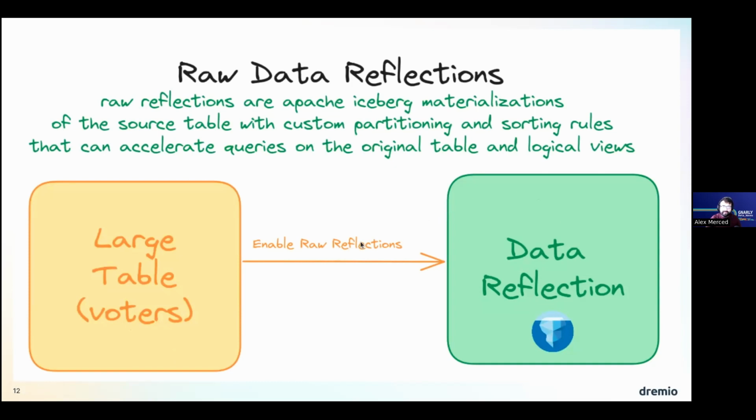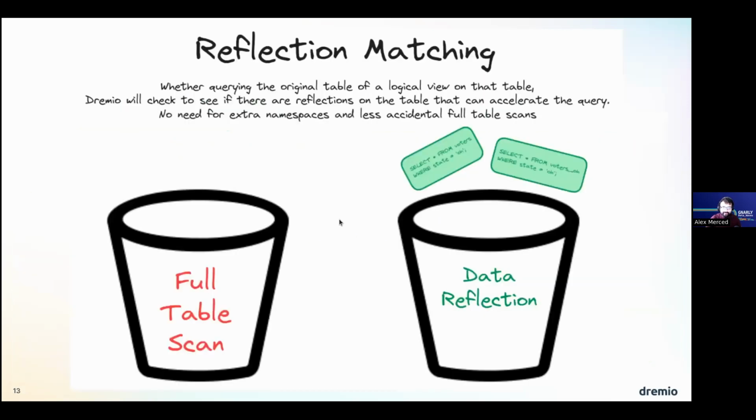So bottom line is, if we create that data reflection, you just scan the things you were going to scan. If I run a query on the voters table, Dremio under the hood is going to be aware that reflections were turned on for the table, and that there's this physical Iceberg representation of the data, and say, okay, we're going to use a data reflection to scan it.